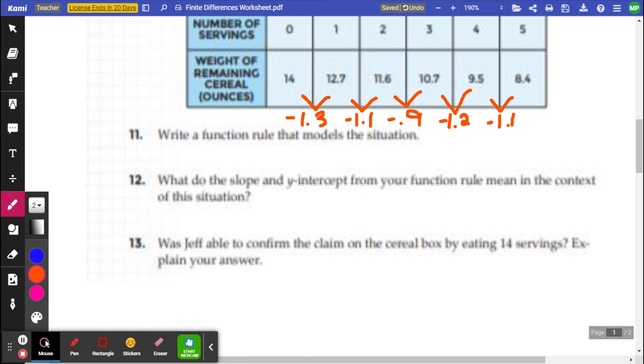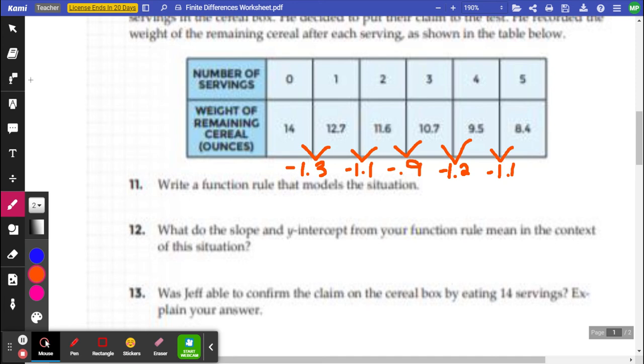All right. So now what do we do with all those numbers? You add them up. So it's negative 1.3 minus 1.1 minus 0.9 minus 1.2 minus 1.1.